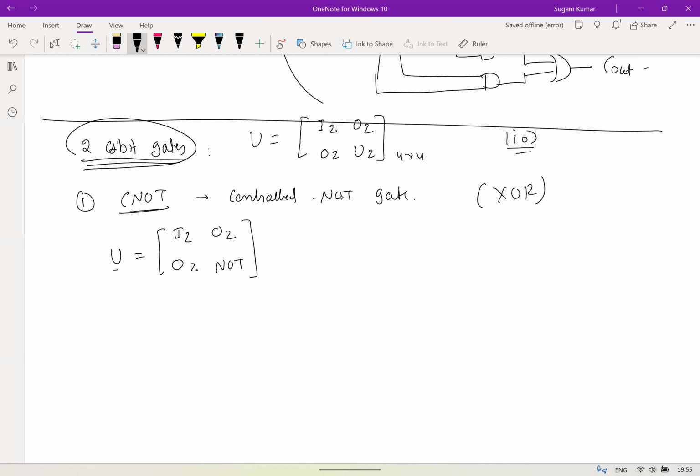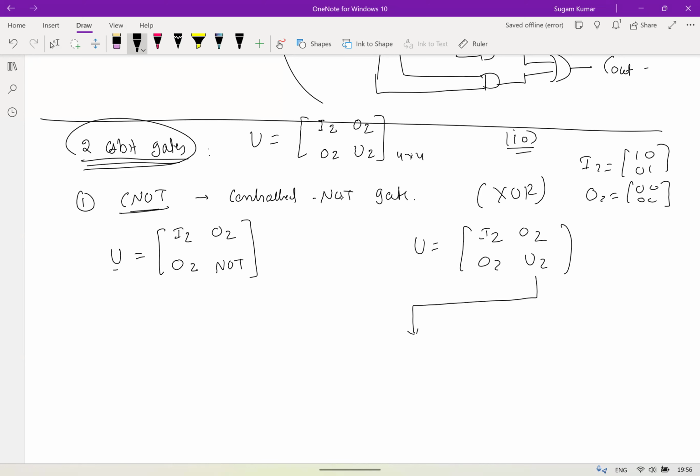So in general, when I write this, let us say I2, O2, O2, and U2. I2 is the identity matrix, 1, 0, 0, 1, and O2 is the zero matrix, 0, 0, 0, 0. Now this U2 plays a very important role.